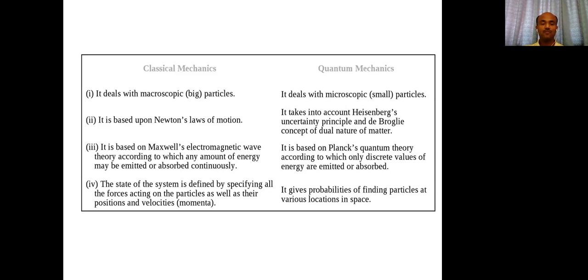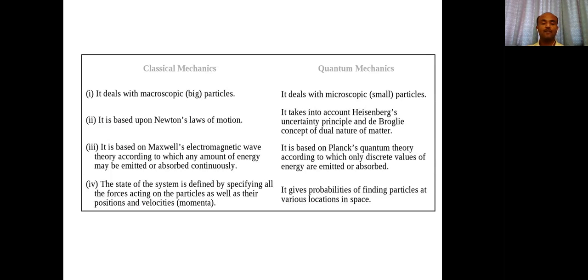Classical mechanics is based on Maxwell's electromagnetic wave theory, according to which any amount of energy may be emitted or absorbed continuously. While quantum mechanics is based on Planck's quantum theory, according to which only discrete, that is discontinuous, values of energy are emitted or absorbed.